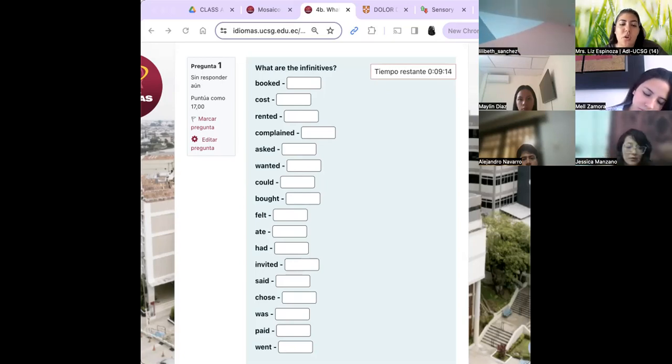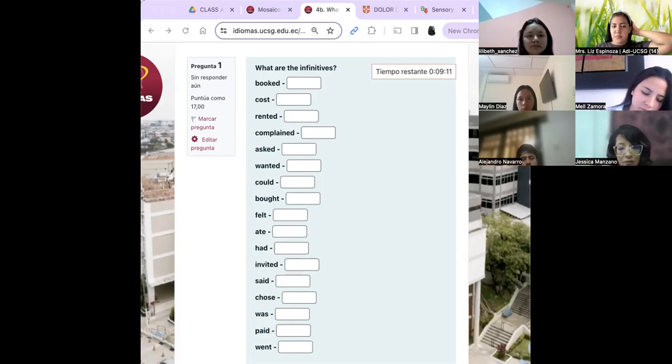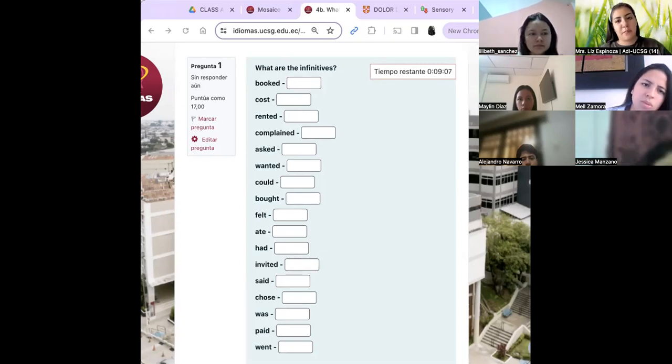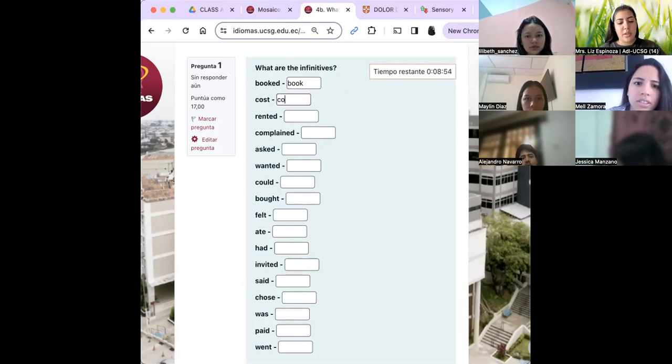All right, so from booked, what is the base form or the infinitive? Book, that's it. From cost, cost, the same.